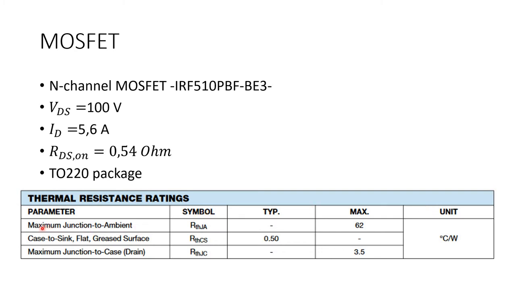You can see on the first row the junction to ambient thermal resistance. This is used in cases which don't have a heatsink connected to the case of the MOSFET, and we have case to heatsink and junction to case thermal resistances, which are going to be used in the thermal model with the heatsink.